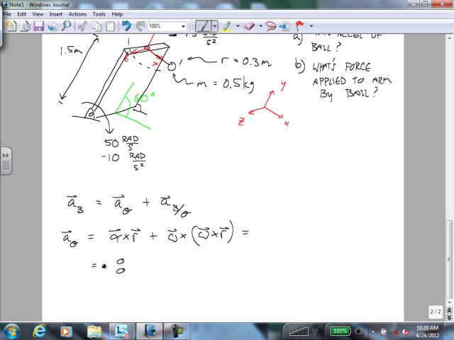Positive 10 along which axis? Z, yep. So 0, 0, 10 crossed with, what's the r vector? That r vector is just the vector going from the center of this rotation to the origin.